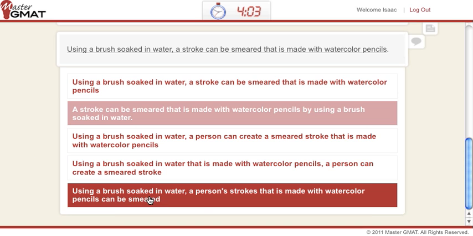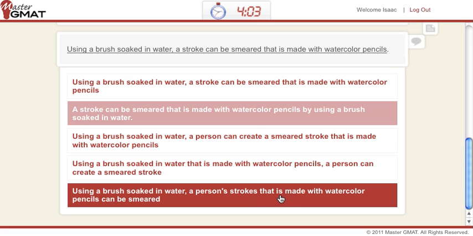Let's look at the last one. Using a brush soaked in water, a person's strokes that is made with watercolor pencils can be smeared. Okay, so we now know that it's a person using a brush soaked in water. However, look at what happens after the relative pronoun. The strokes, right, is made. Now, strokes is singular or plural? Well, of course, we know that strokes is plural.